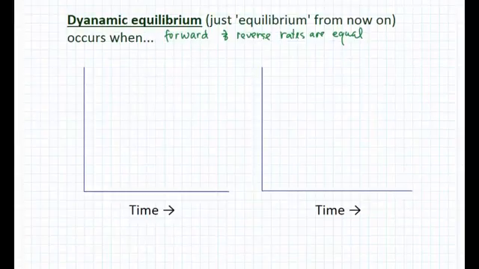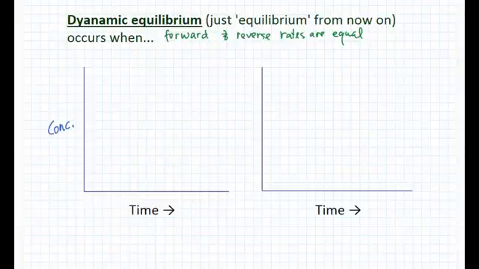So let's draw some graphs. Let's have a graph of concentration versus time. Let's have a graph of rate versus time. We've got N2O4 and NO2. At time 0, where should my concentration of N2O4 be? What do you think?